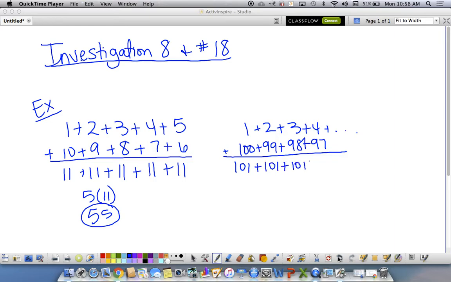Yeah, you got it. They're all going to add to 101. The biggest question is, how many of those do we have? Yeah, you're right. There's 50 of them. So 50 times 101, I believe, is 5,050. I'm pretty sure. Okay?